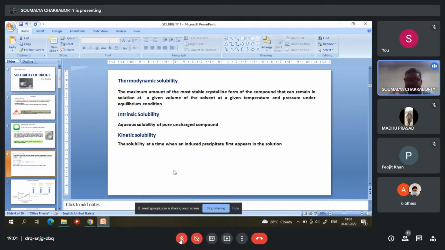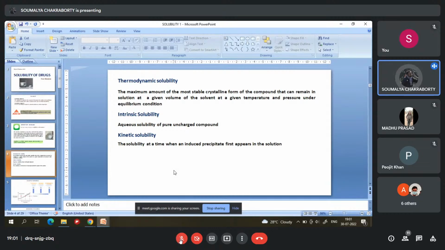After a particular fraction, it will cross its saturation condition and precipitation will happen, because it will go beyond that equilibrium. When precipitation takes place, some turbidity will appear, and we measure the solubility at that particular point. It is called kinetic solubility. Is it clear? Kinetic solubility does not consider the impact of lattice effect.